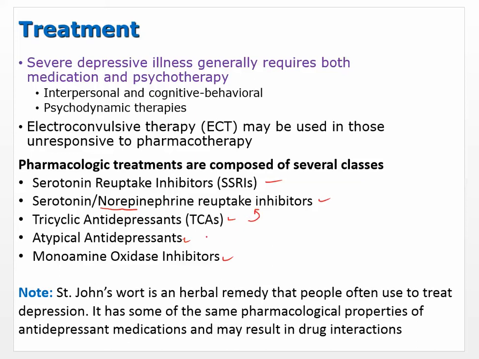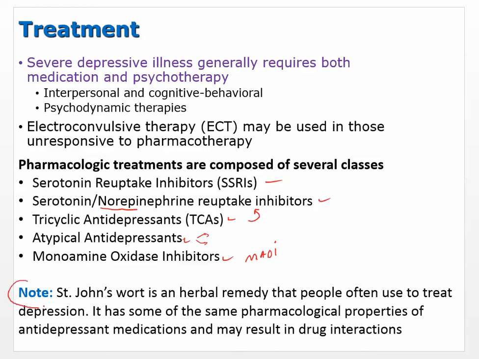There are a few differences that we'll get into. And then atypicals, which have a whole bunch of different types of mechanisms, so we'll cover the mechanism for our prototype. And then MAOIs, monoamine oxidase inhibitors. A lot of times that I is lowercase. We'll get into that mechanism as well.